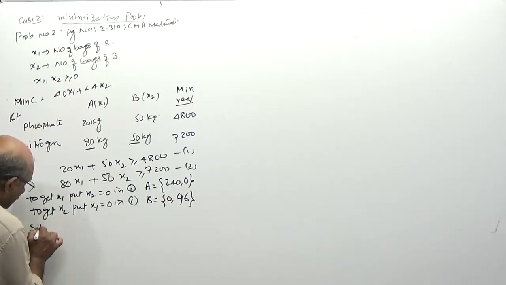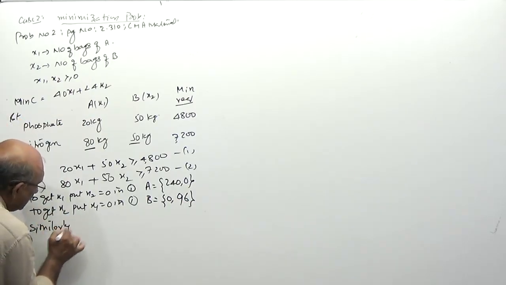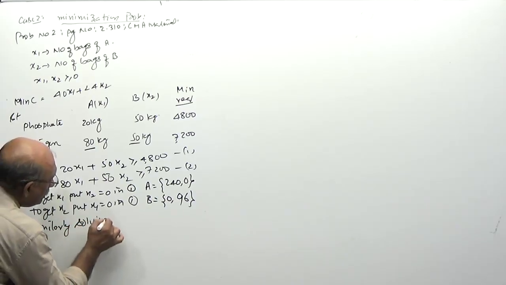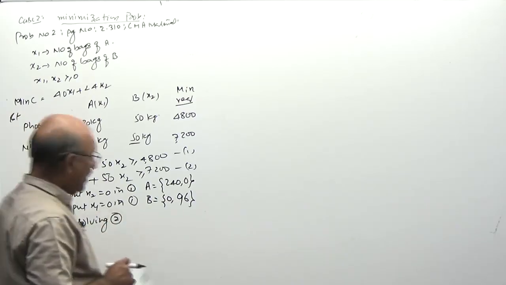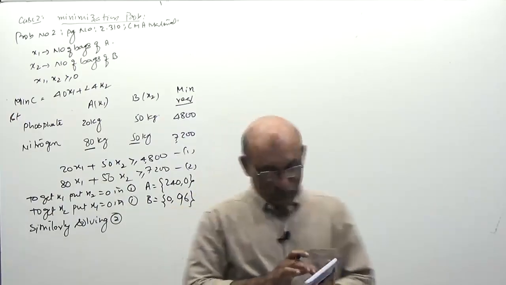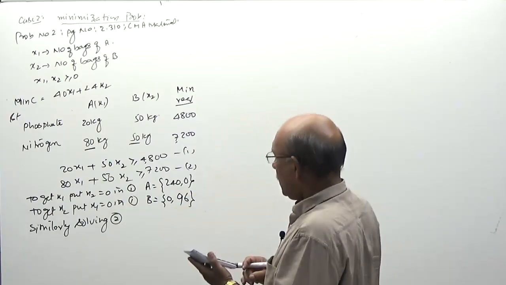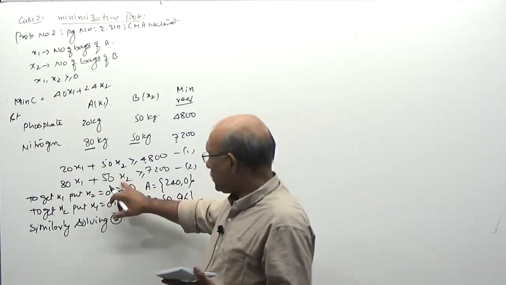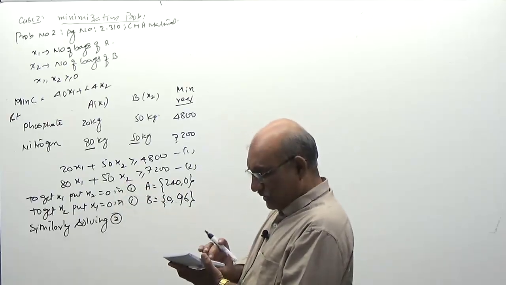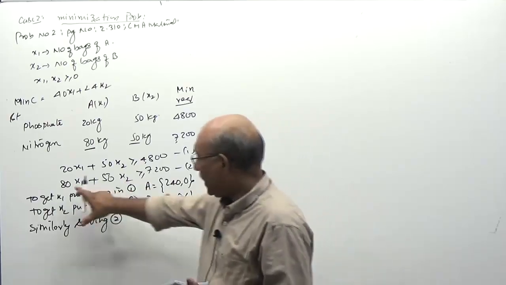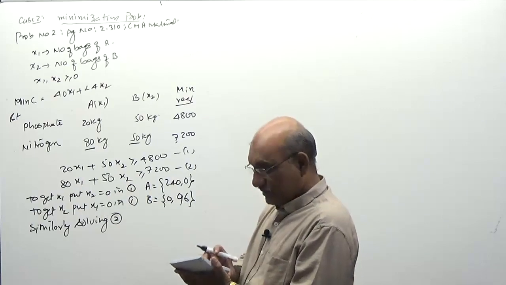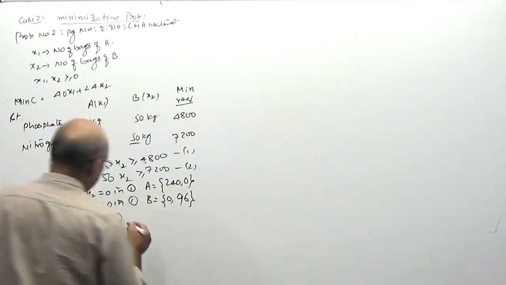Similarly, solving 2. When I take X2 as 0, 7200 divided by 80, X1 is equal to 90.